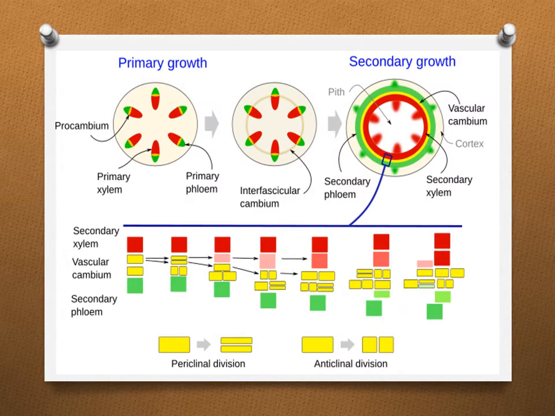Cell division in the cambium is shown here to understand the secondary growth. Due to the activation of vascular cambium, the secondary xylem and secondary phloem are formed.